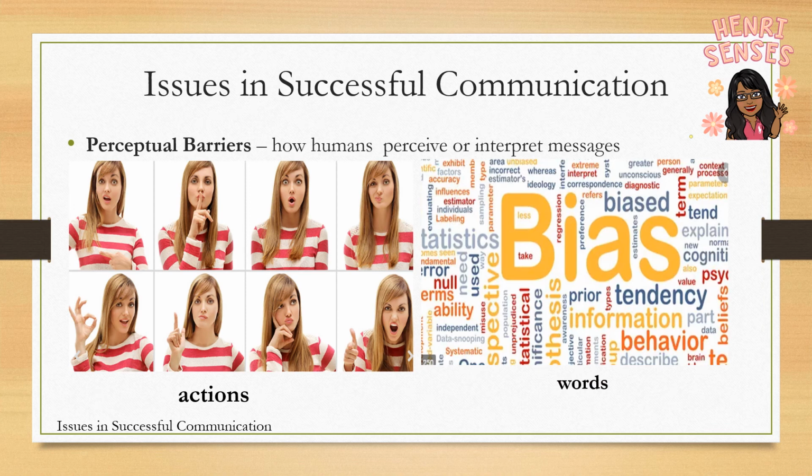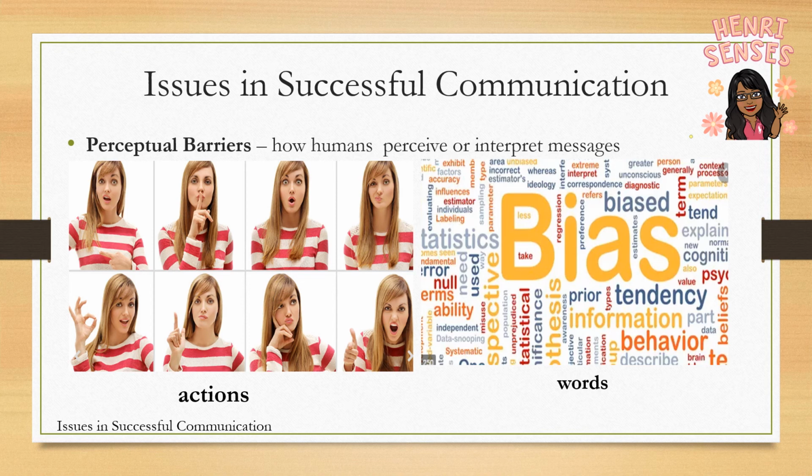Let's move on to the next, which is perceptual barriers. Perceptual barriers in communication refer to the internal barriers that occur in a person's mind. This makes a person believe or perceive things depending on his background. Perception means the way you interpret things.